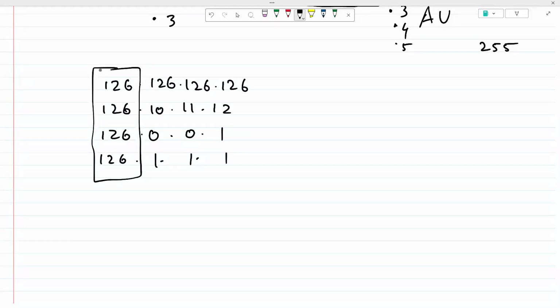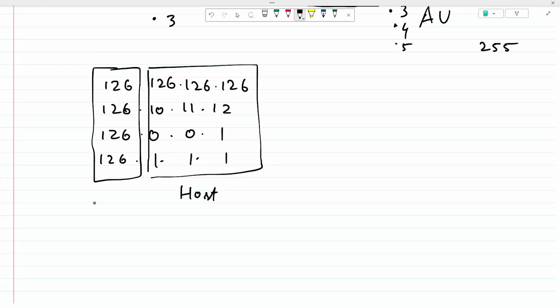The only thing that is changing in a class A IP address is the last three octets, which we call host octets. This is the network octet. So the network octet for class A is the first octet and the host octets are the last three octets. Only the host octets will keep on changing. This is true for every class. Host octets will change, network octets will never change.